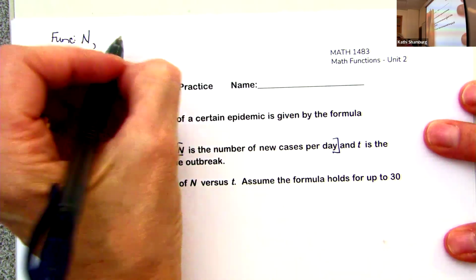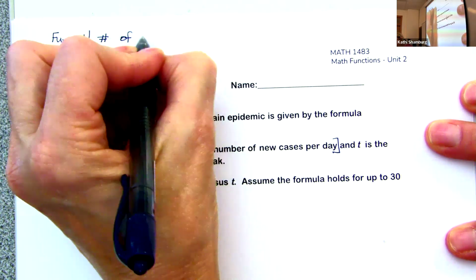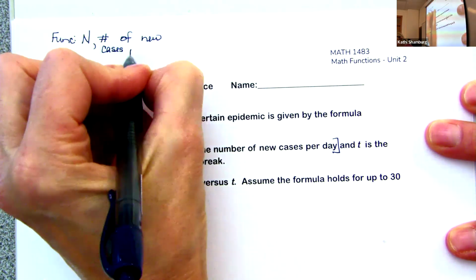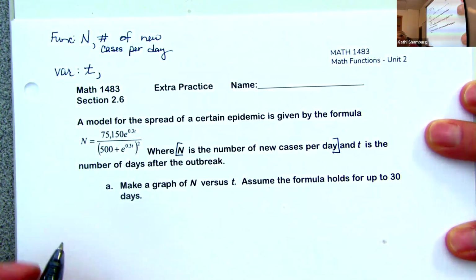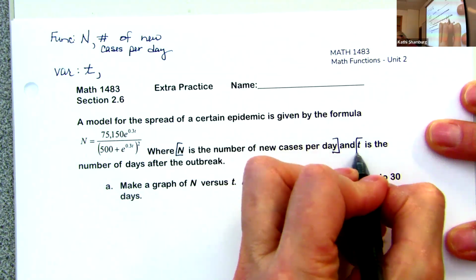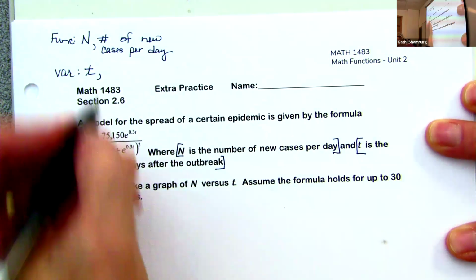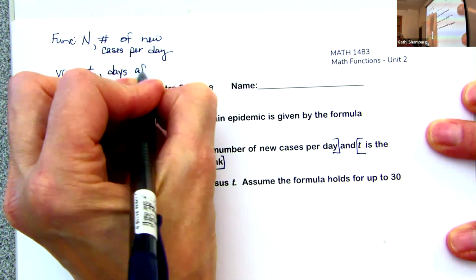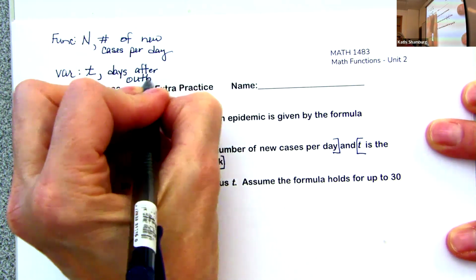Okay, so number of new cases per day. And T is the number of days after outbreak.